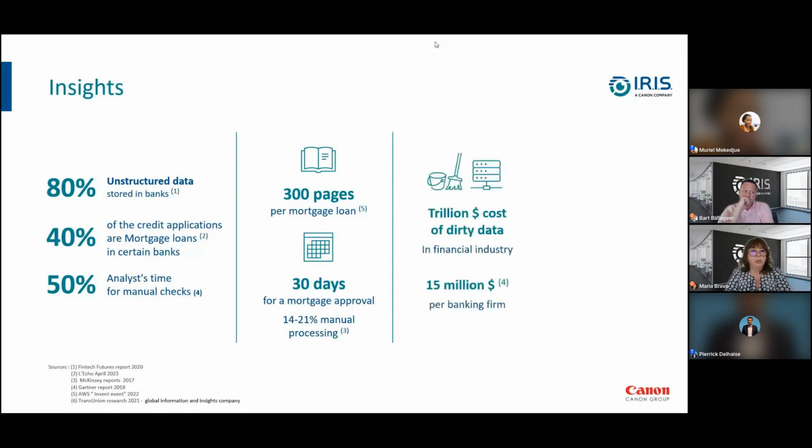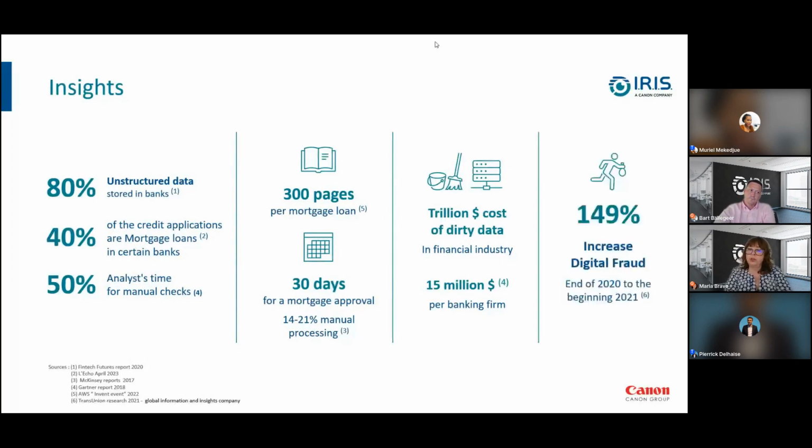That can be improved. $1 trillion cost of dirty data in the financial industry. $1 trillion. $50 million per banking firm. Wow. Then you have almost 150% increase in digital fraud.